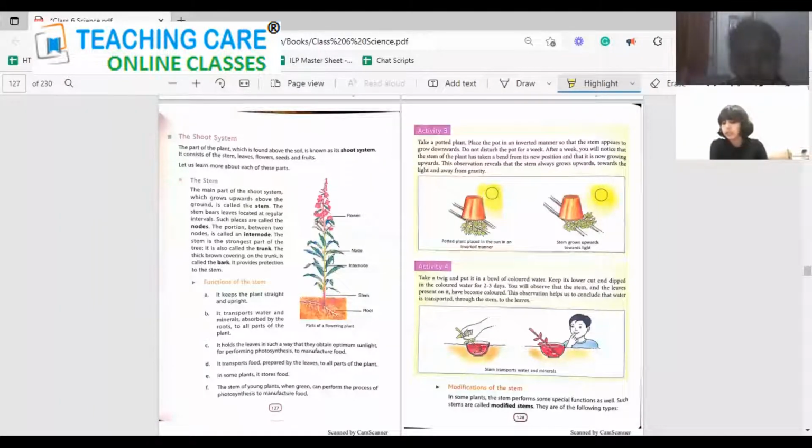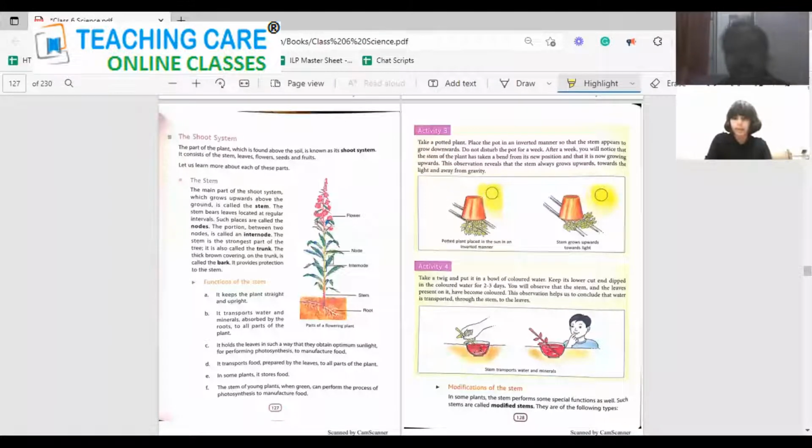It holds the leaves in such a way that they obtain sunlight so that they can manufacture food. It transports food prepared by the leaves to all parts of the plant. In some plants, it stores food. The stem of young plants, when green, can perform photosynthesis to manufacture food. Yes. So you understood the functions of the stem.